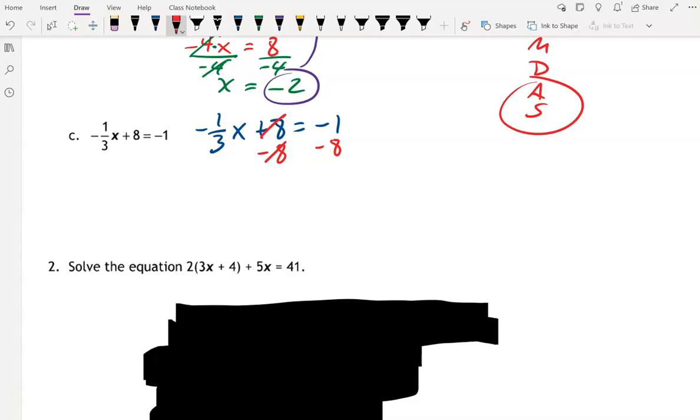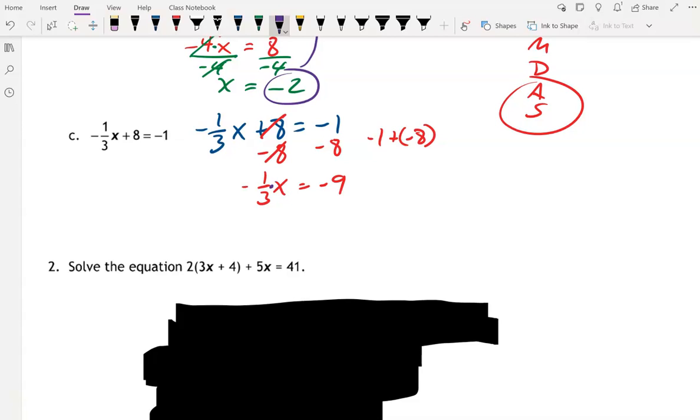Those two cancel each other out, and I get negative 1/3 x equals negative 1 minus 8. That's the same thing as negative 1 plus negative 8, which is negative 9. So now I have negative 1/3 times x equals negative 9.